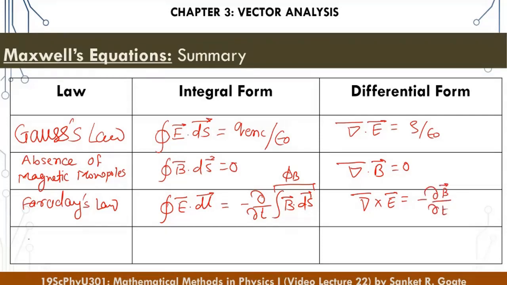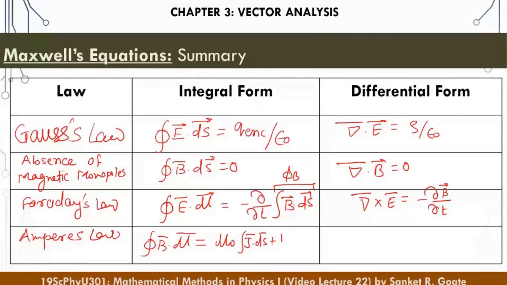Then the fourth law is Ampere's circuital law, with the correction of the displacement current. It is B dot dl over the closed loop equal to, I'm sorry for extending the lecture, but let's finish it, mu 0 times integral of J ds plus 1 by C square dou E by dou t dot ds.